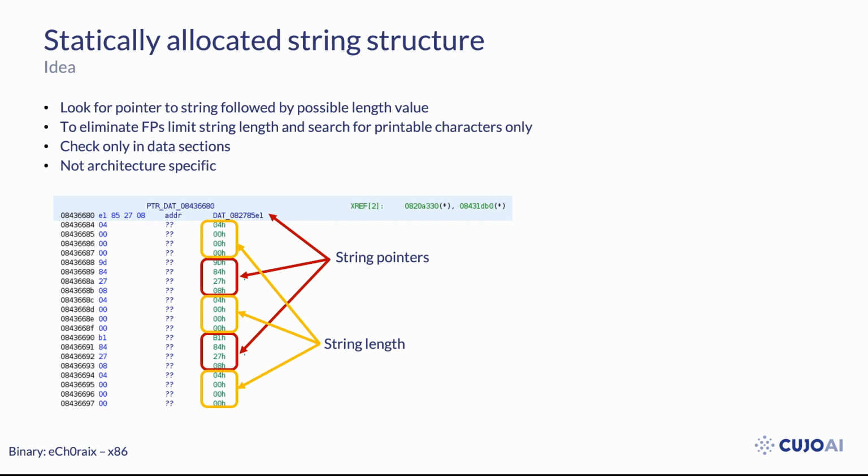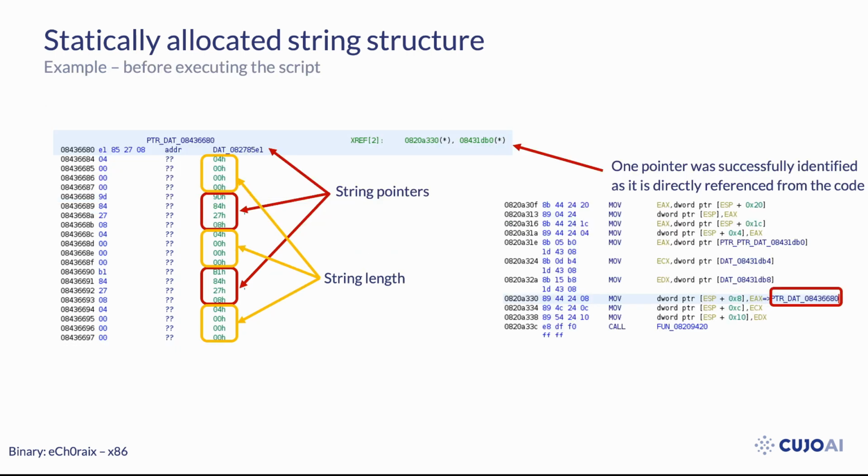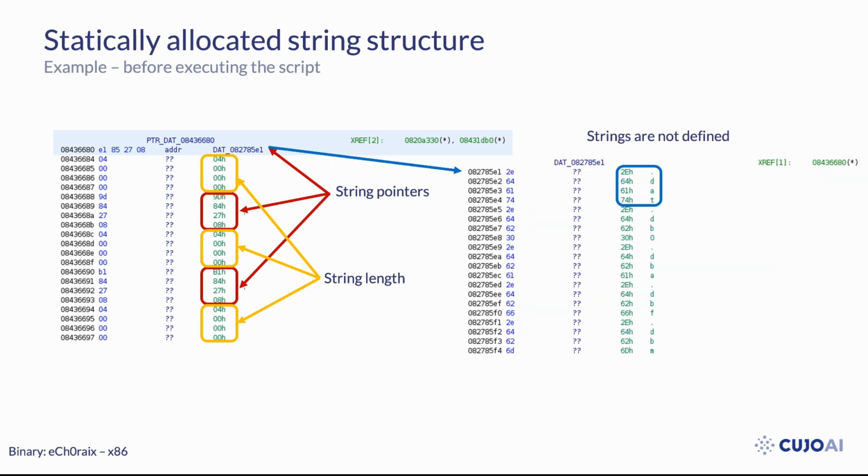This is not architecture specific. Obviously, it matters if it's a 32 or 64-bit binary, but other than that, it works the same for the different architectures. So here in this example, you can see that there are string pointers followed by string lengths. And the first pointer was successfully identified by Ghidra, as this is directly referenced from the code. But after executing our script, we will define the other pointers as well.